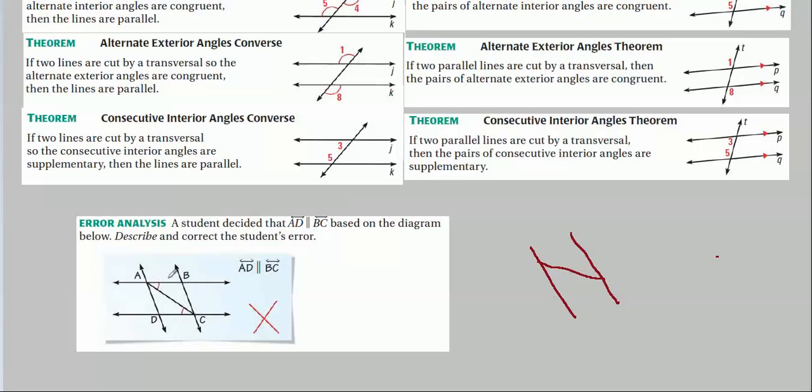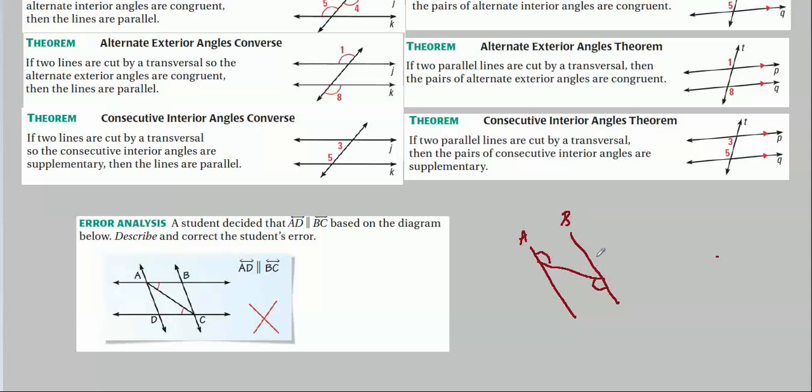The problem here is, although these two angles are congruent, let's see what we really have over here. If this is line A and this is line B, well, the alternate interior angles are this whole thing here and this whole thing here.